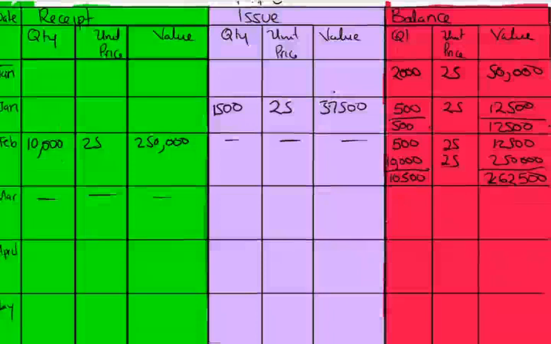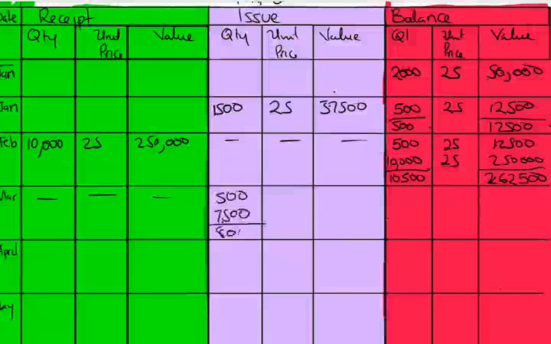But we still have to use this trend. 8,000, because this is first in, first out, we are going to start with the 500 that came in first, and the 7,500 that came in from the last consignment. So together 8,000, both of them are 25. So for the 500, it's going to be 12,500, and this one will be 187,500, together being 200,000.